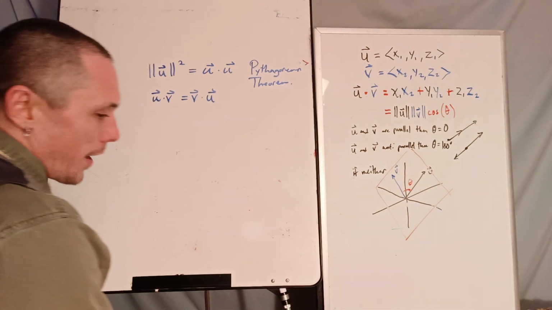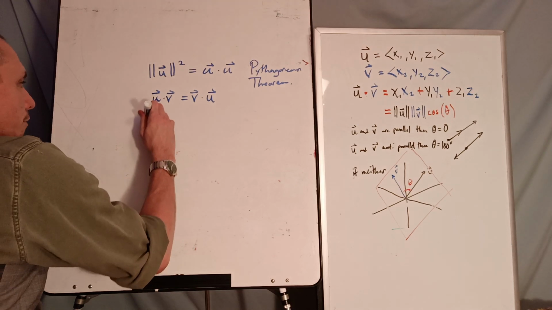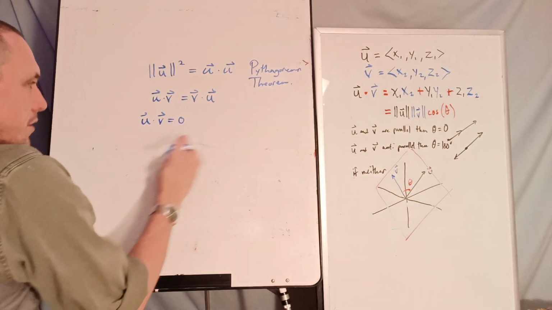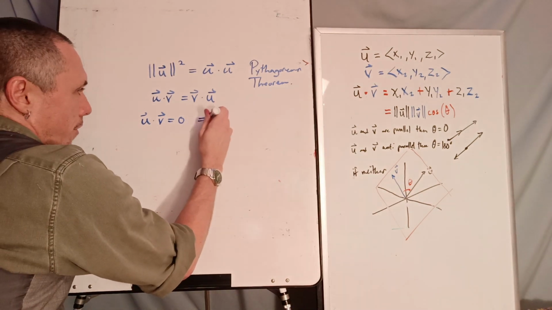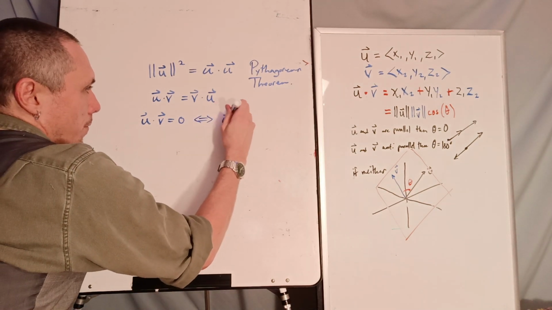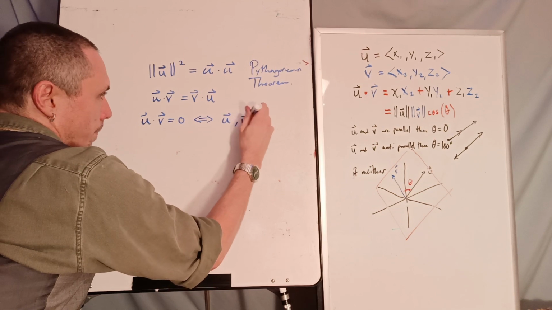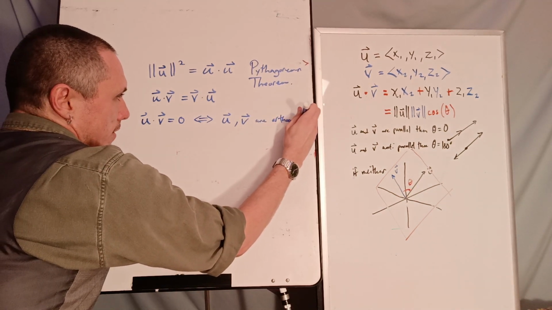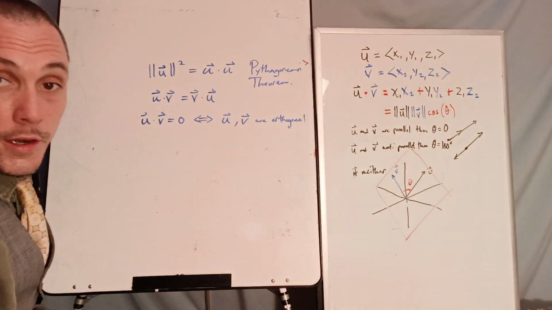Okay. And then we also have that their dot product will be equal to 0 if and only if they are orthogonal. That is to say, if they are perpendicular to one another.